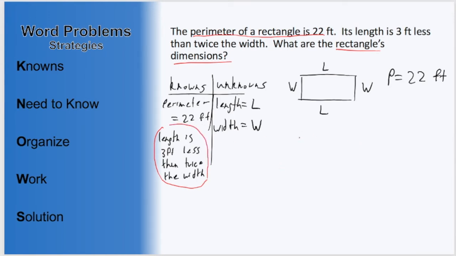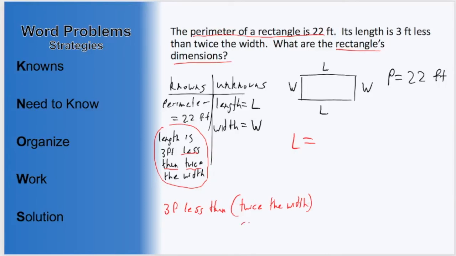Now, let's try to get the relationship between the length and the width into an equation. The length is, so L equals 3 feet less than twice the width. So we have keywords twice for multiplication and less than for subtraction. What order should we do this in? Thinking about it with order of operations, we want to have 3 feet less than, parentheses, twice the width.